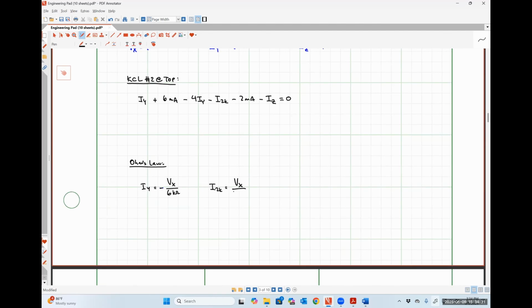And because the current is flowing into the positive polarity terminal, we don't have to change the sign on Ohm's law, okay? Very similarly, we would see that Iz is equal to Vx over 3 kilo ohms, okay? And so now we could simply substitute these relationships in.